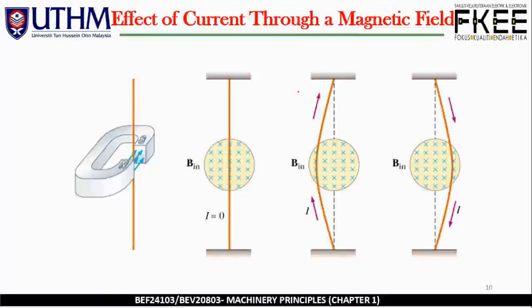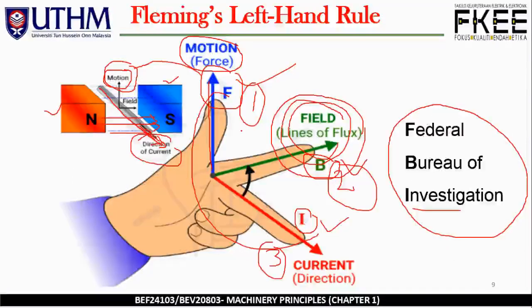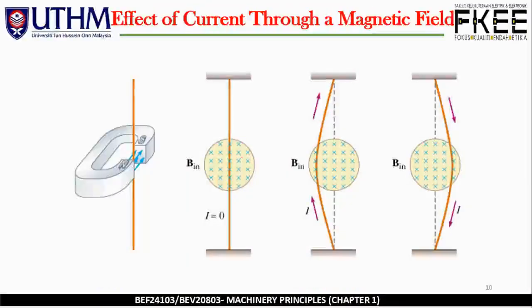And then, the effect of current through a magnetic field. Again, take your left hand and apply FBI: the force, the magnetic field, and the current, in this simple experiment. Again, you have the magnetic bar over here, with magnetic field flowing from N to S, into the page, shown by the cross or X symbol.